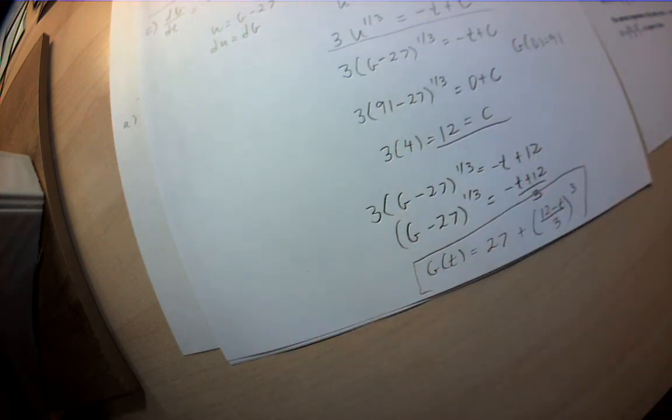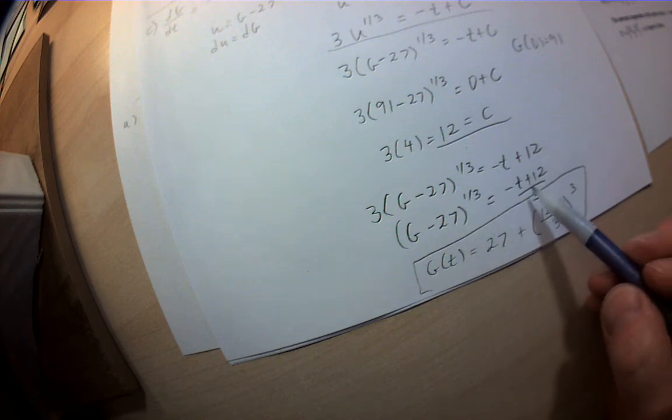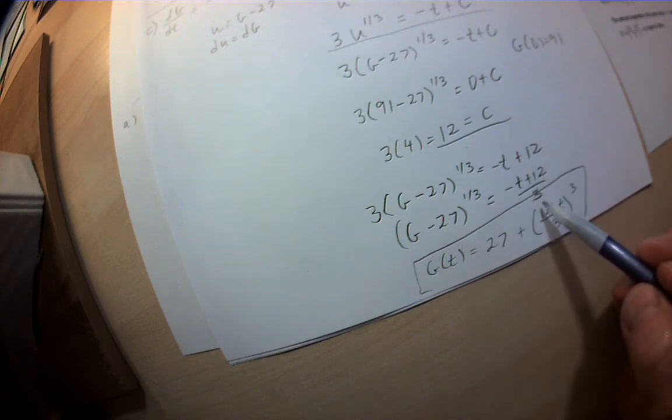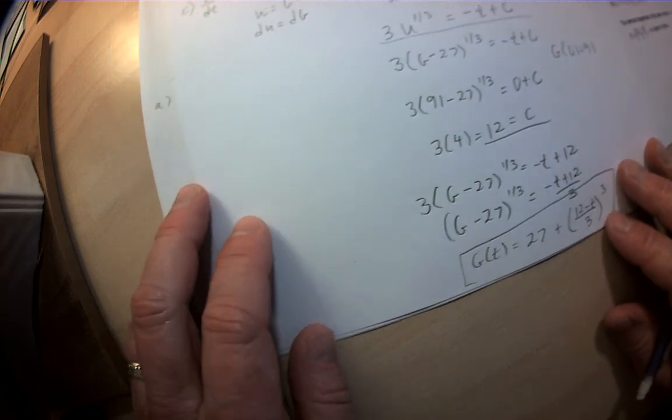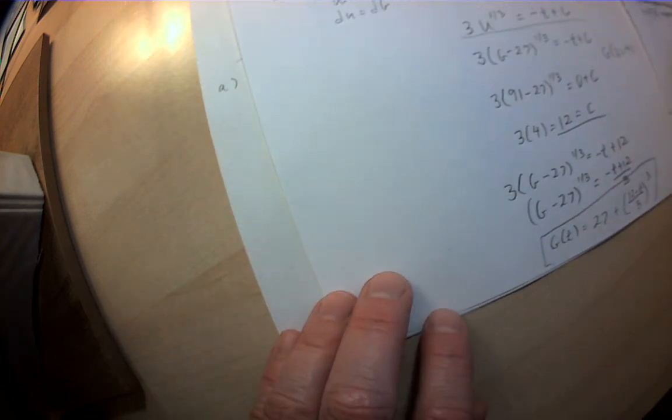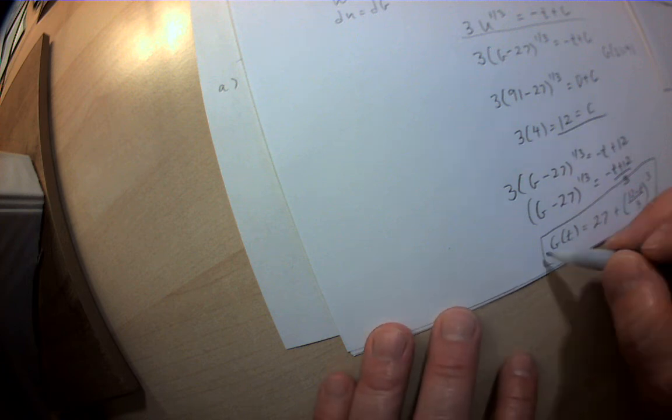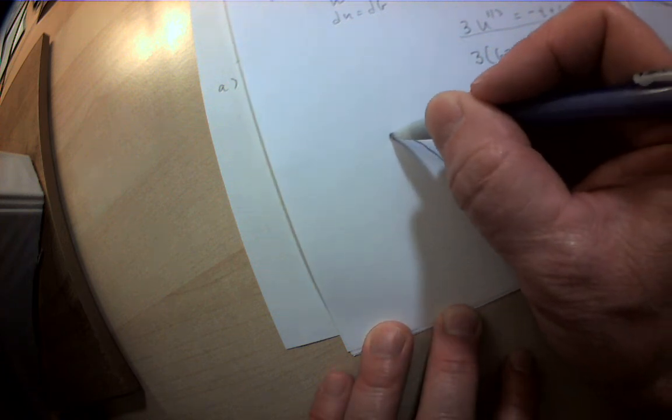Okay, so that's it. All I did was I cubed the right side, (12 minus t) over 3 cubed, and I added the 27. That's to save paper. I'm going to do the last part. So that, guys, gets us up to 4 out of the 5 points.